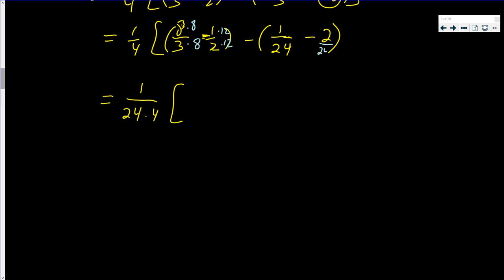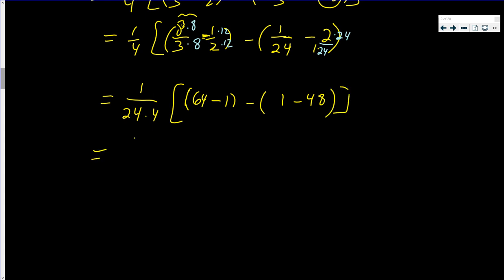I'm going to multiply the bottom by 24 and the top by 24. If you want to see a 1 on the bottom, fine. 2 is the same as 2 over 1. In either case, I get 64 over 24. I factored out the 24. Minus 1 over 24, but I factored out the 1, minus 48 over 24.